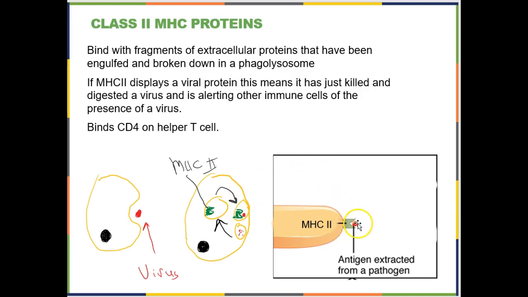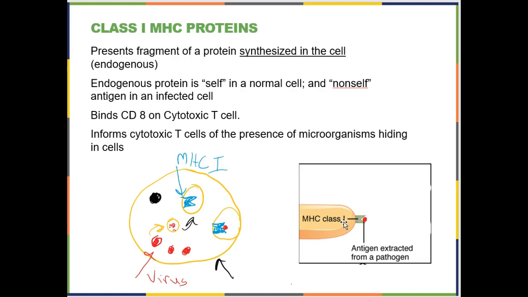So now you have this little chunk of virus that has just been killed by the macrophage presented on the MHC2. So this macrophage is basically saying, hey, I just killed and ate this thing. Is it a virus? Because if it's a virus, we have a problem. If it was a dead skin cell, it's not a problem. Then MHC1 is for fragments of proteins that were synthesized inside the cell.